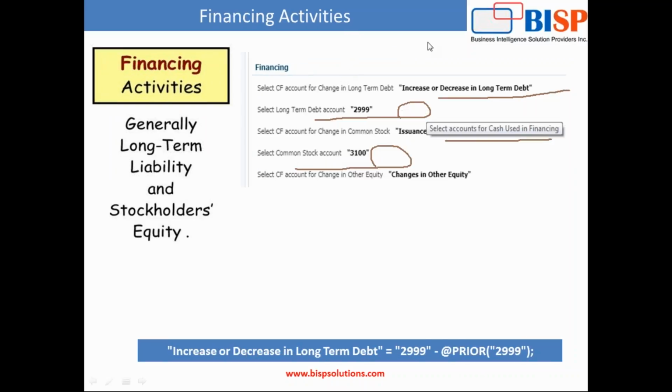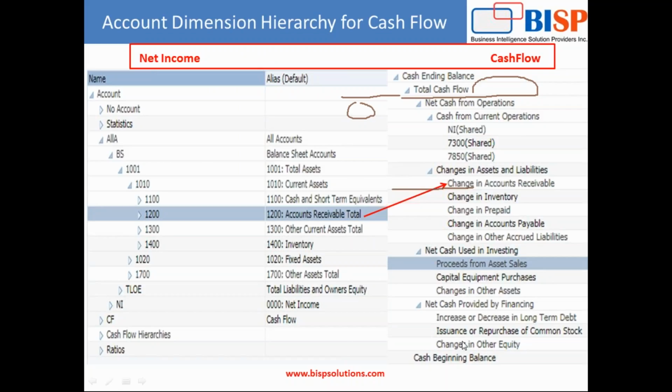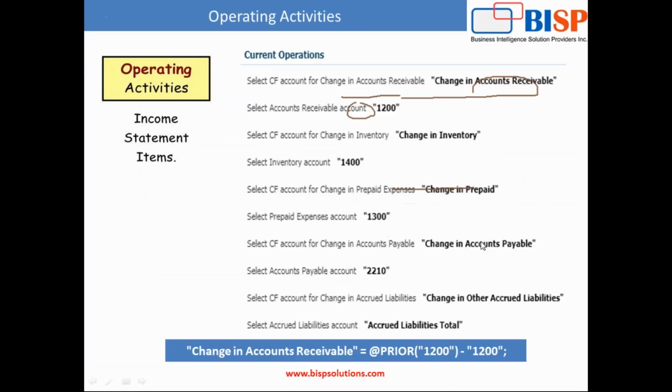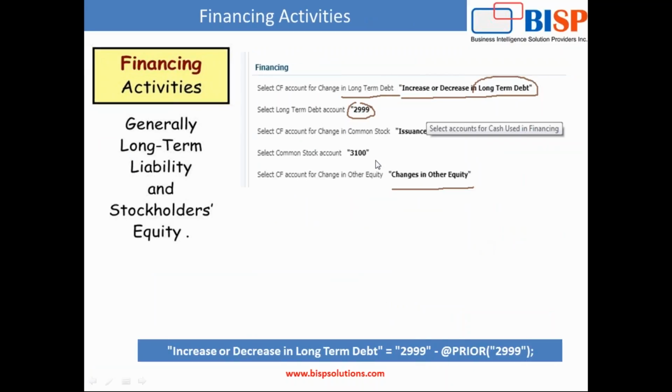And finally, financing activities, which is the money you receive through debt or pay to debt. The difference between the long-term debt account for previous period and current period would be stored under increase or decrease in long-term debt. You also have change in other equity, which is the difference between two period equities. And issuance or repurchase of common stock of two consecutive periods would be stored under 3100, the common stock account.